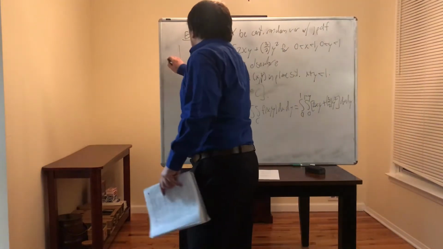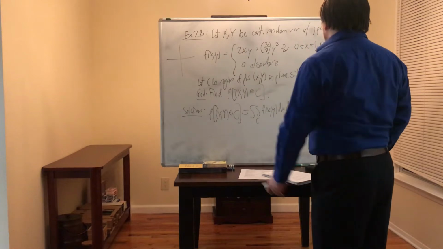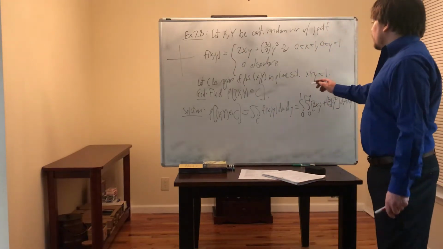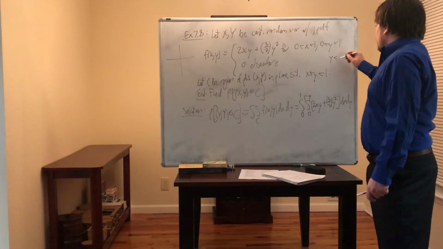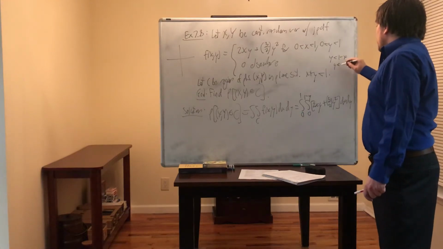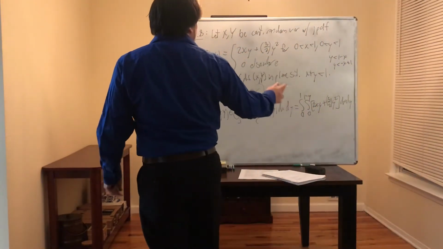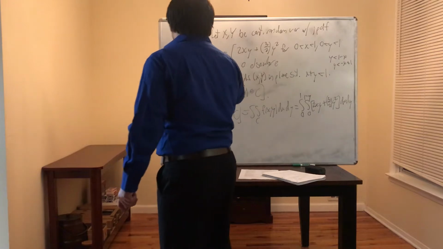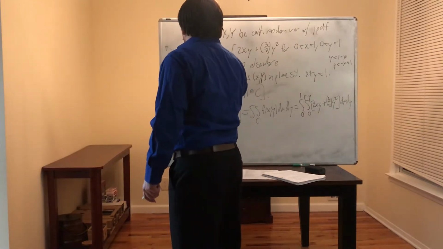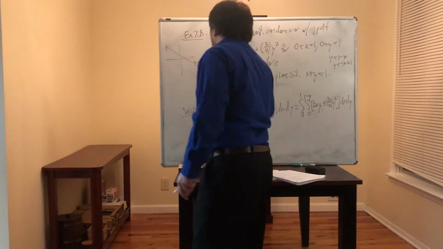So now here, if you have this region, you're looking at the region where x plus y is less than 1. That's the same as saying y is less than 1 minus x, or y is less than negative x plus 1. And so if you look at the line y equals negative x plus 1, it's this line, which I'm just drawing as a dotted line. Okay?